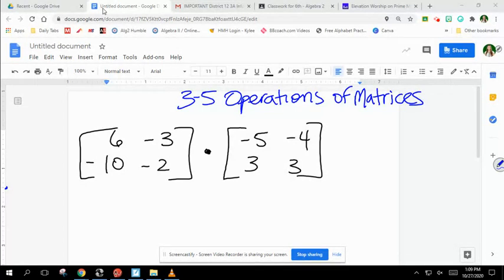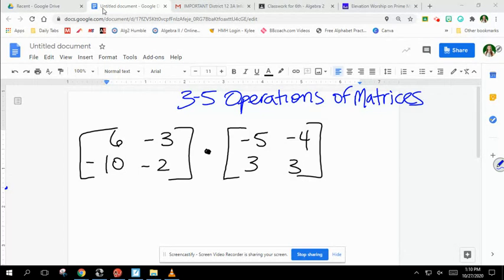My first thought was probably your first thought. Okay, so I just do 6 times negative 5 and get to negative 30. Do I just multiply negative 3 times negative 4 and get to positive 12?